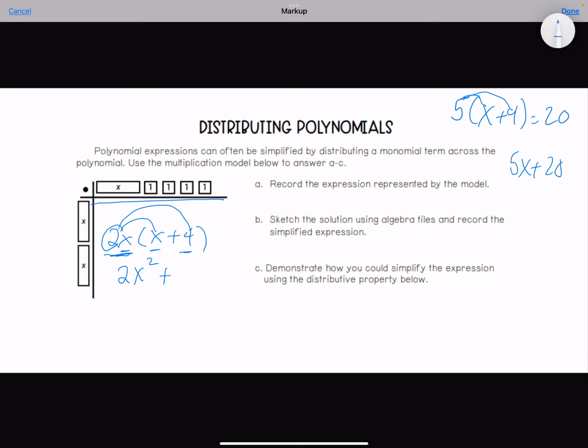We multiply the coefficient to the constant, and we have 8x. That's the distributive property. This is going to come in handy when we start talking about multiplying polynomials, dividing polynomials, and also factoring. So that's the reason behind the why, okay?